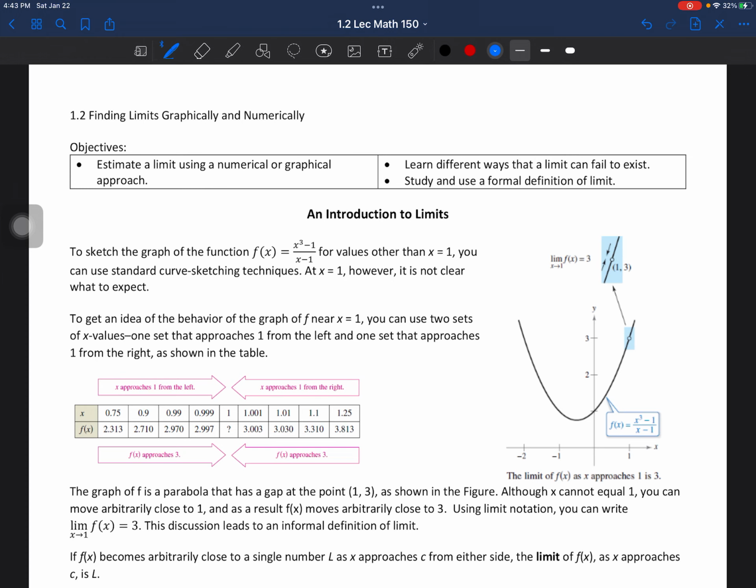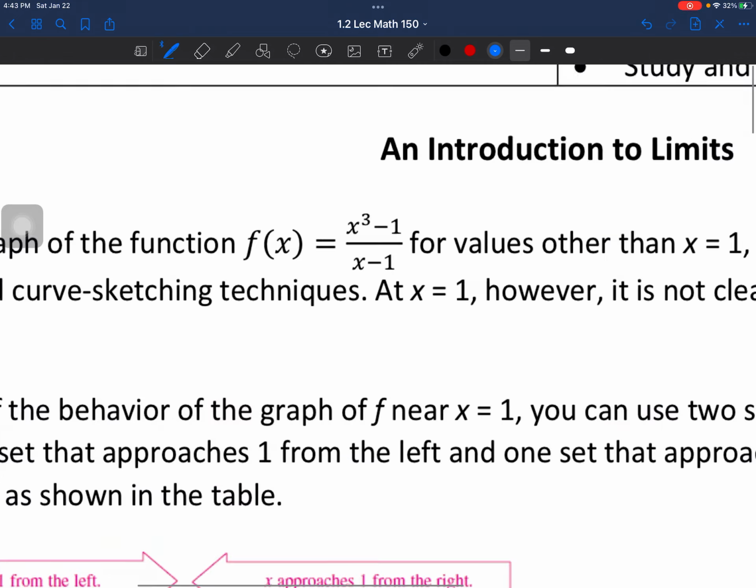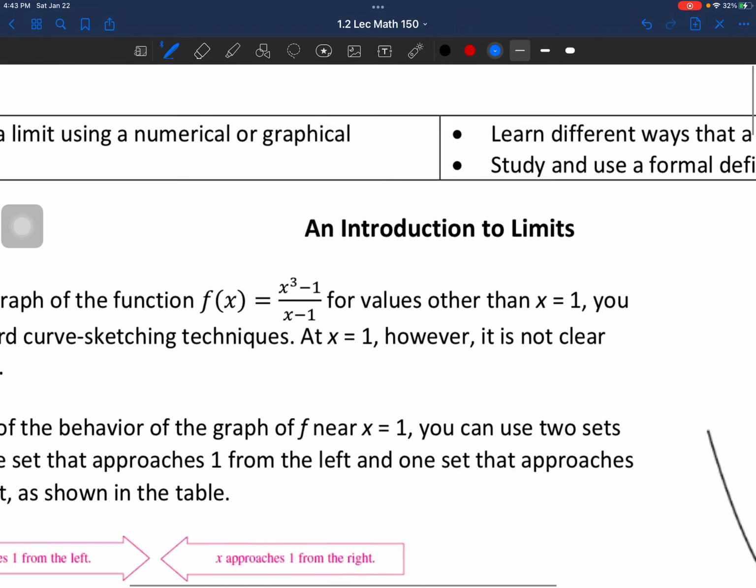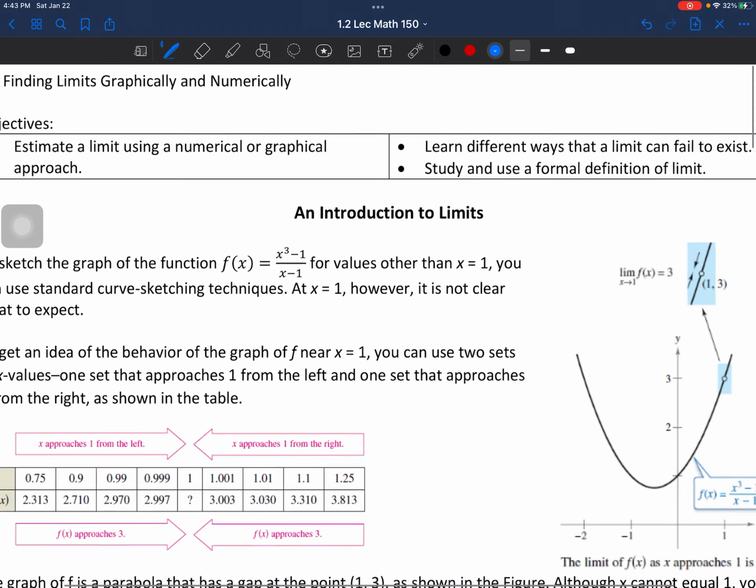So we're going to go back and review a little bit of our algebra, and along the way we'll discuss the new definition. The first goal is to find the limit of this function as x approaches 1.